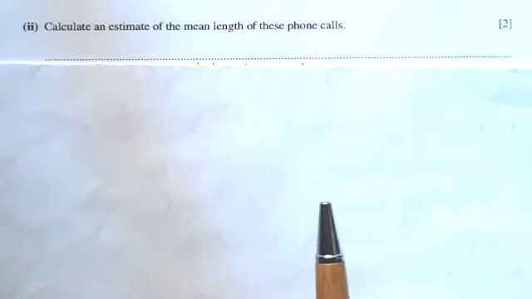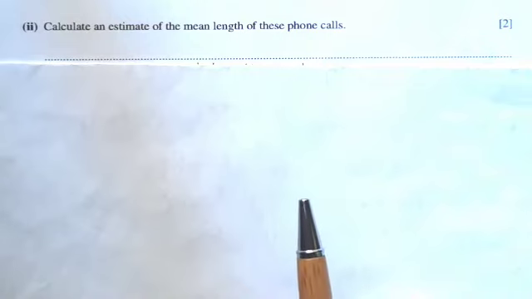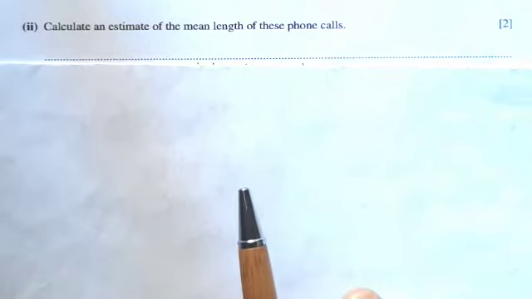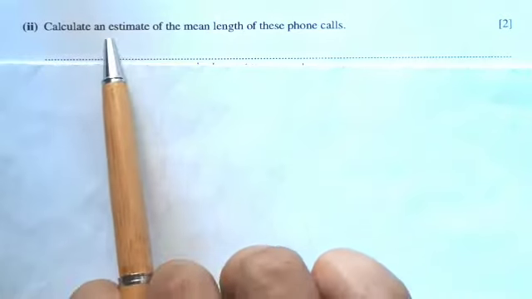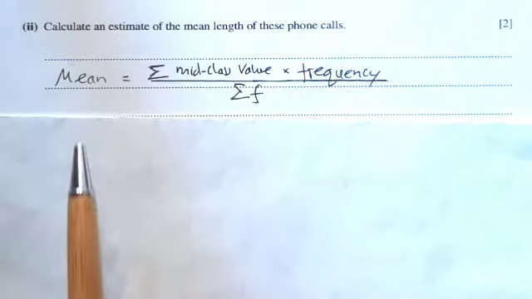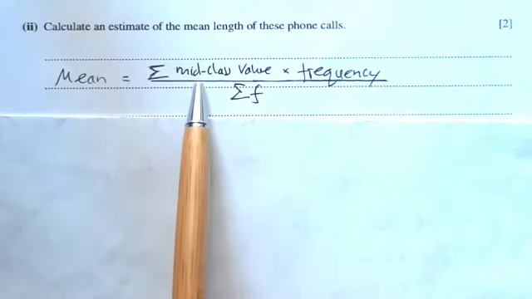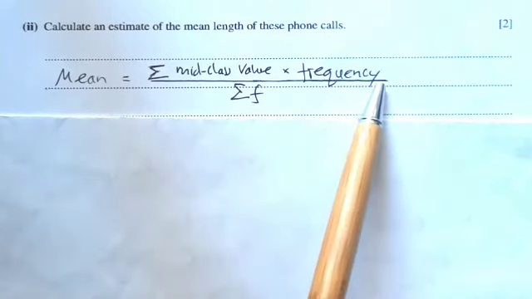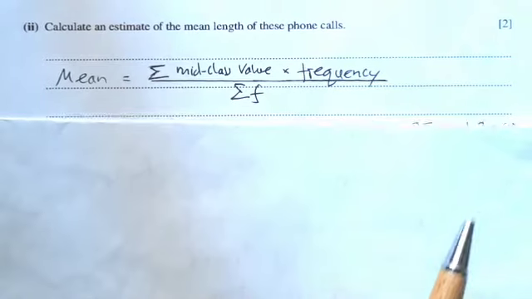Thus we use the mid value of each interval. That is why we obtain an estimate, because time is given in the form of intervals. Thus we use the mid value of the time interval to represent the time in its class. Thus mean equals sigma of mid class value times frequency, per sigma frequency.